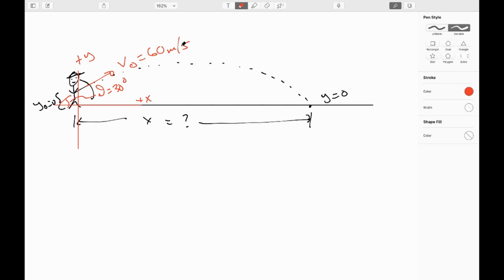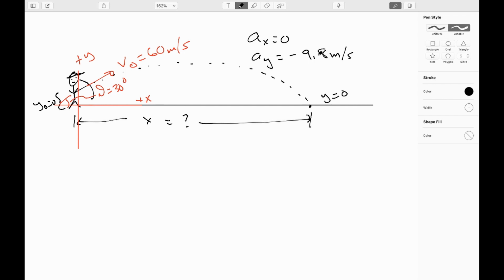All right. Now for this one, we know the acceleration. We know that ax is 0. And ay, since up shows up to be positive, will be negative 9.8 meters per second squared.